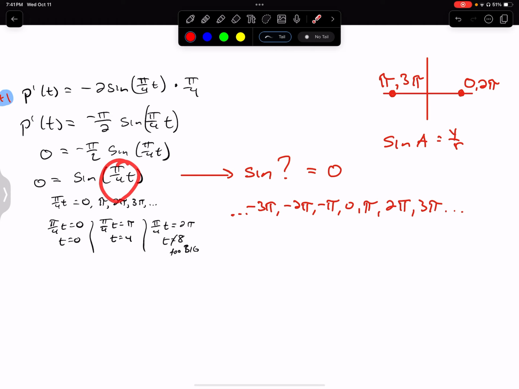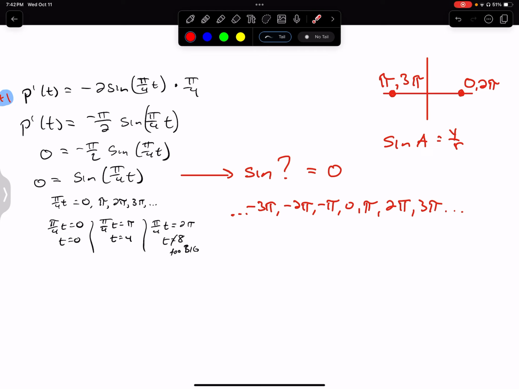To get t by itself in each of these cases, we're going to multiply both sides by 4 over pi. Pi over 4 times t is 0. Pi over 4 times t is pi. Pi over 4 times t is every one of these angles.